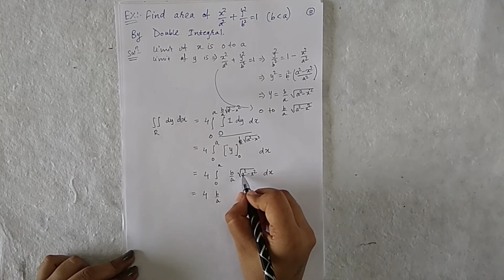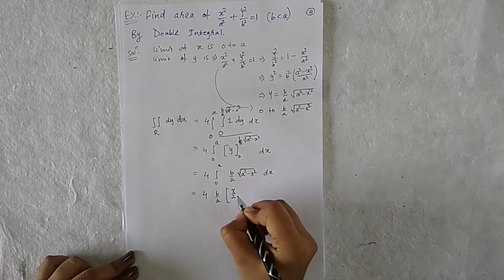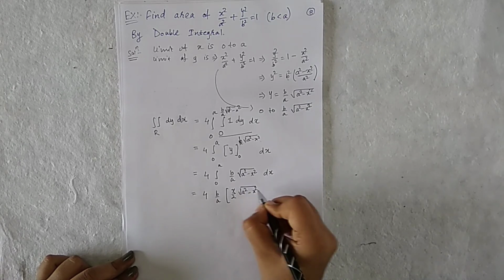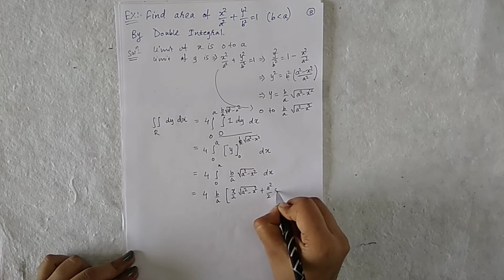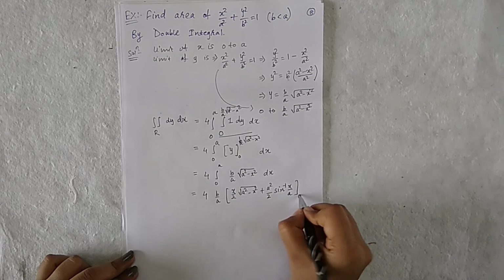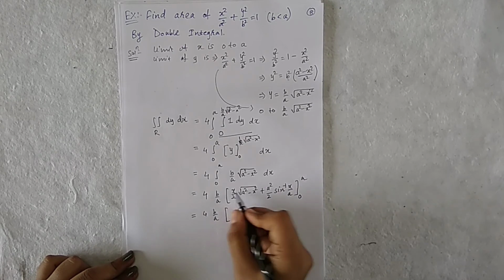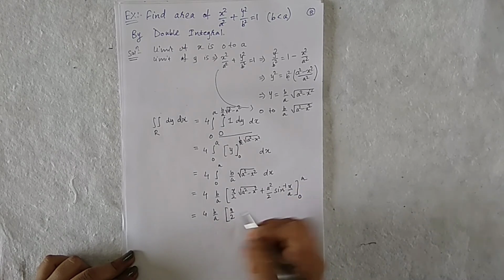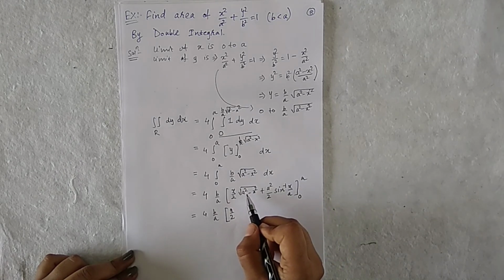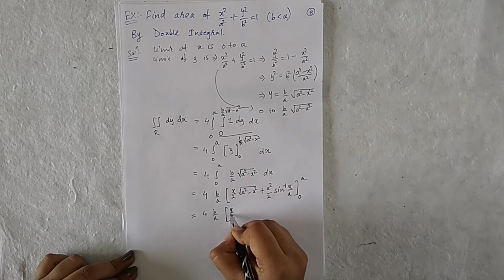The integration of square root of a square minus x square is x by 2 square root of a square minus x square plus a square by 2 sine inverse x by a, and the limit is 0 to a. So is equal to 4 b by a; put x is equal to a, so a by 2, and if you put here x is equal to a, this term will become 0, and 0 into this term is 0, so all become 0.